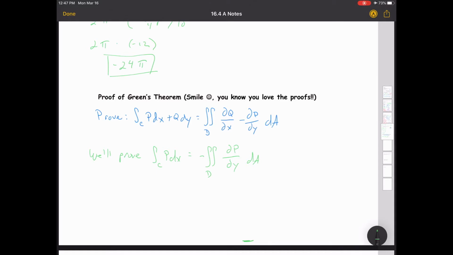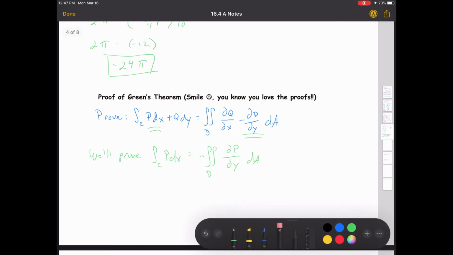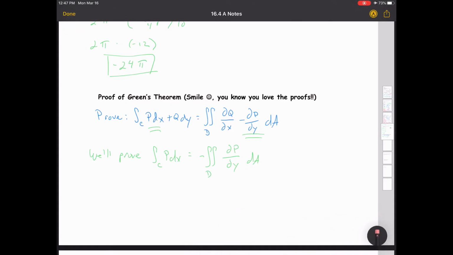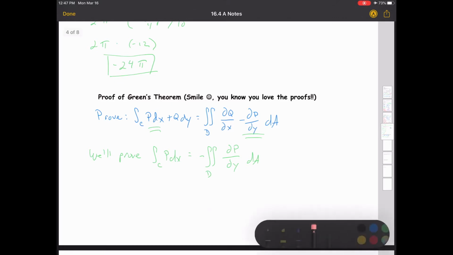Because basically if we prove this part equals this part right here, then the proof for the q dy and the dq dx part is going to be pretty much exactly the same thing. So we don't really have to do it twice.